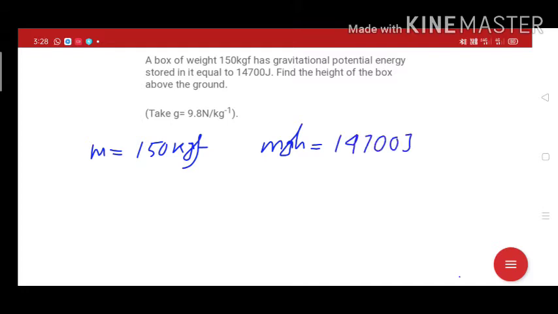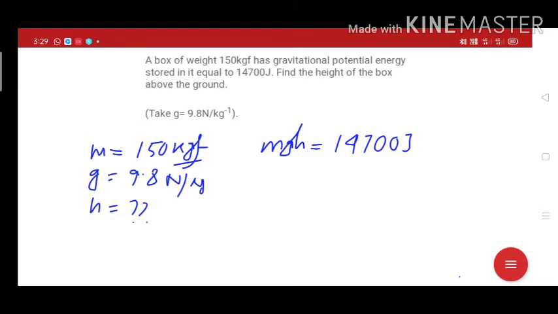Find the height of the box, that means the box has been placed at a height and you need to find out that height. So this is not given, where g is given, that is 9.8 newton per kg. Check whether all the parameters are in SI unit or not. Everything is given in SI unit, so we can directly calculate it.